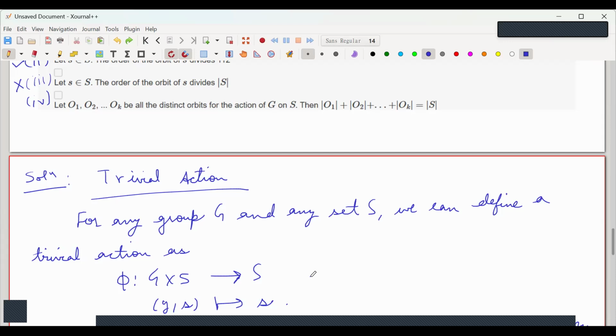Orbits will be just the size of conjugacy classes. Will the size of the conjugacy class divide the number n each time?